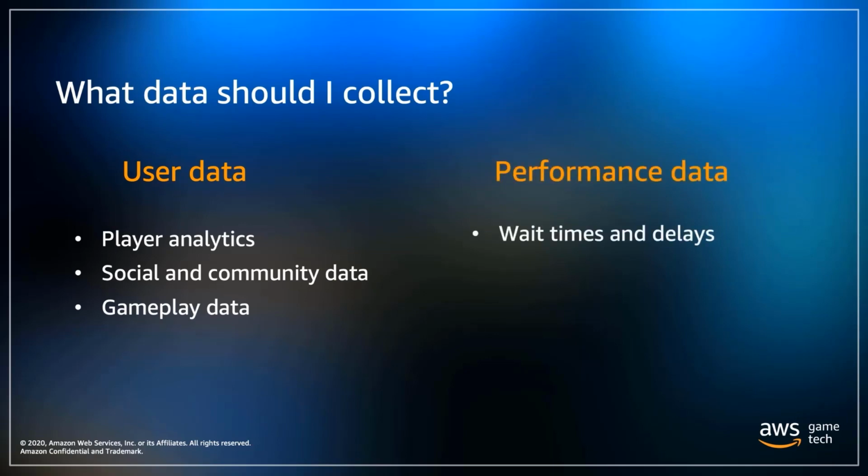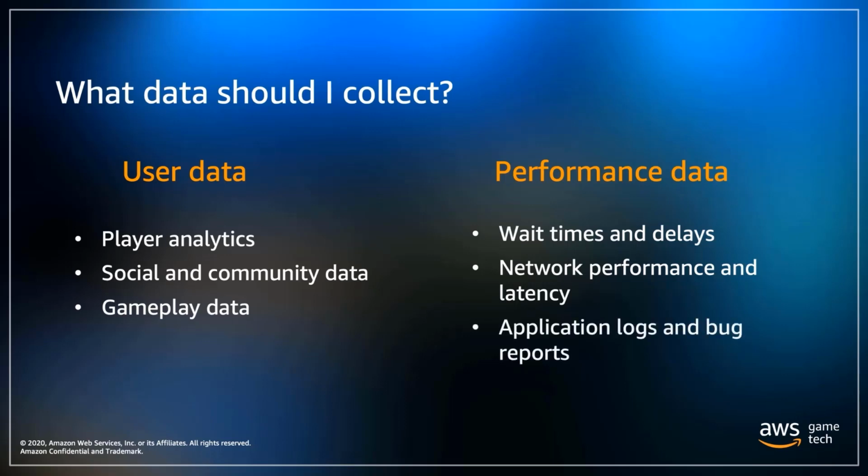And then on the performance data side, we have wait times and delays, right? No player wants to wait around in a matchmaking lobby for 20 minutes. Network performance and latency. If you're developing a latency sensitive game, such as a first-person shooter, you're going to have to pay close attention to the end user latency that players experience.